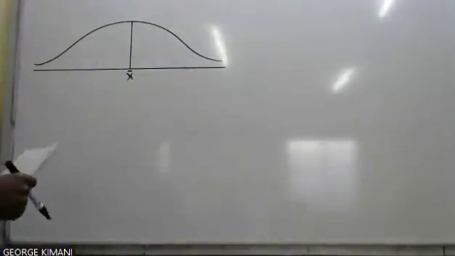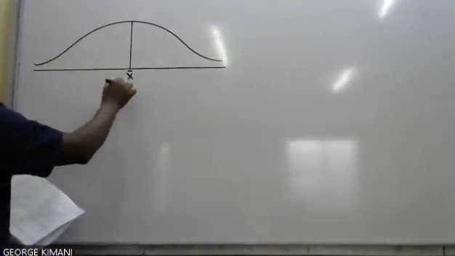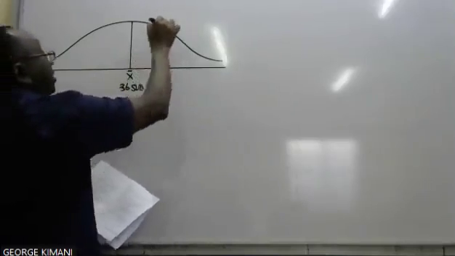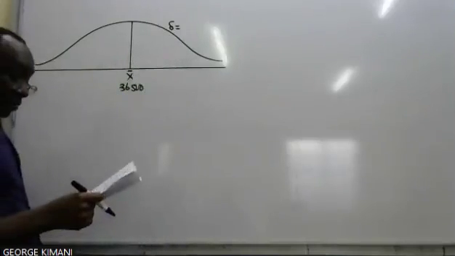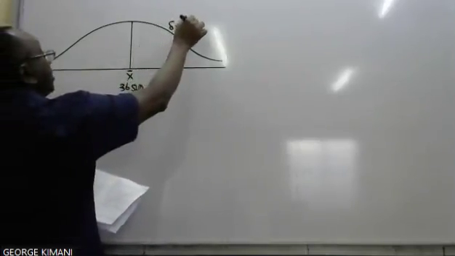And this X bar, we are told, is 36,500. And the standard deviation here, we are told it is 5,000 kilometers.